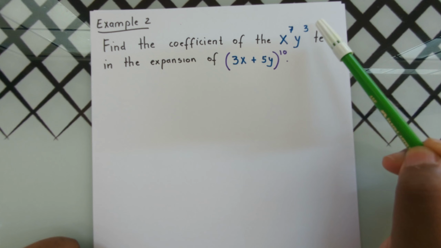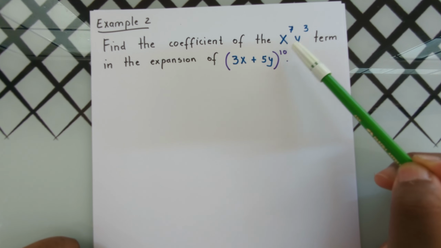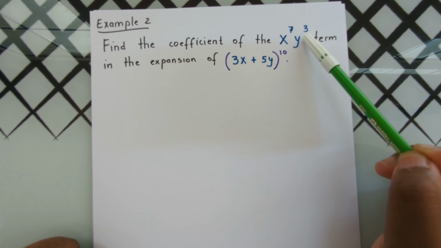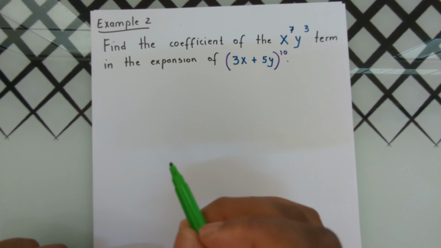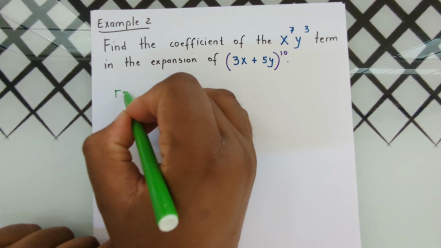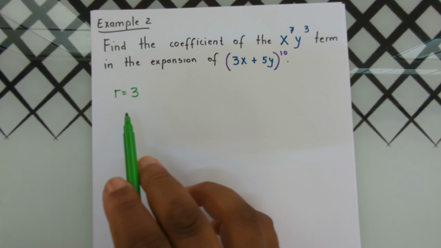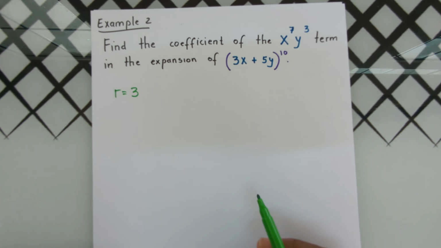So this implies that the exponent of this same variable on the right side is the value of r. So the exponent of y, which is 3, becomes our r. So we know that our r has to be 3. So we can go into our binomial theorem and replace r with 3.